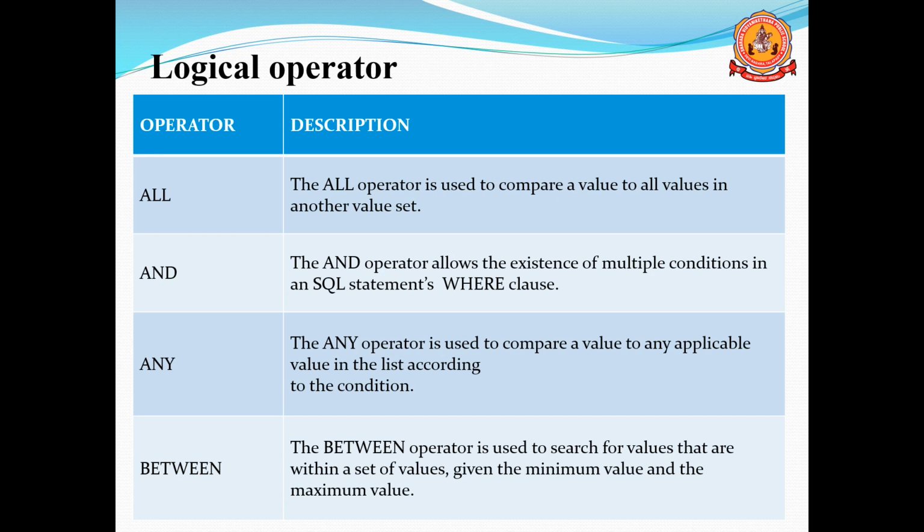The ALL operator is used to compare a value to all values in another value set. Mainly ALL is a keyword operator used to compare one value with another set of values to check whether all the values are the same.